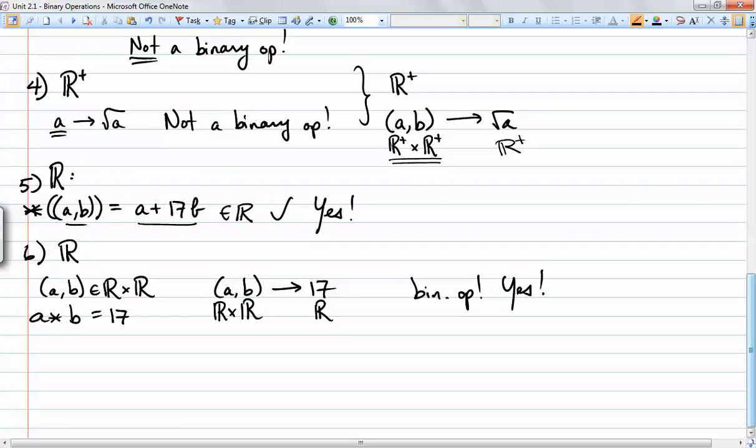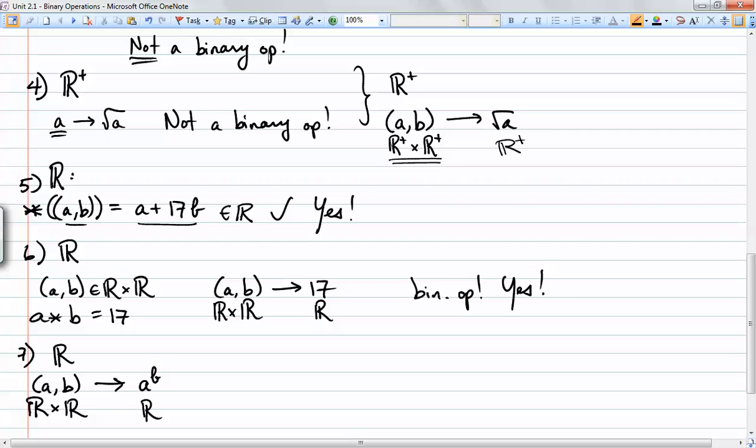Here's one that's a little trickier. Let's look at R. So my first element comes from R cross R. And I'm going to map that to be A to the B. Okay? Now that looks like this should always be an R, but there is a counterexample.